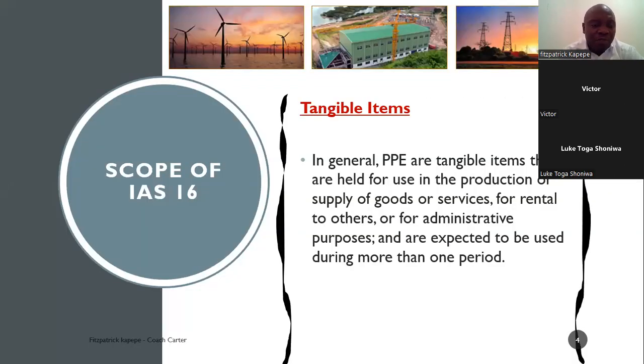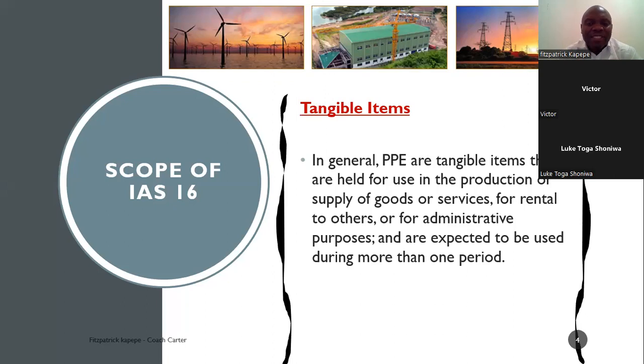So the scope of IAS 16. First thing that we need to acknowledge is that the property, plant, and equipment are tangible assets. There are things you can touch. Goodwill you can't. Goodwill you just have to believe in. But property, plant, and equipment is something that you're able to touch.